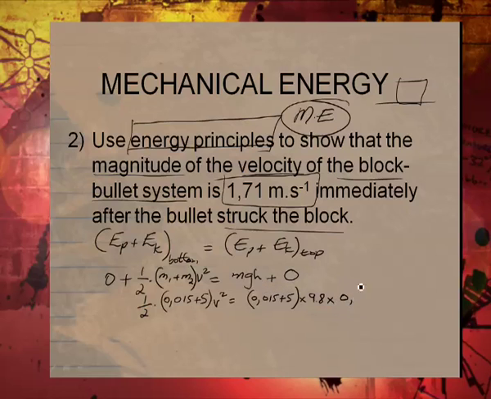Converting centimeters into meters, you divide by 100, so that is 0.15. You work this out correctly, V will be equal to 1.71 meters per second, and in that way you have proved that the velocity of the bullet-block system is 1.71 meters per second immediately after the bullet struck the block.